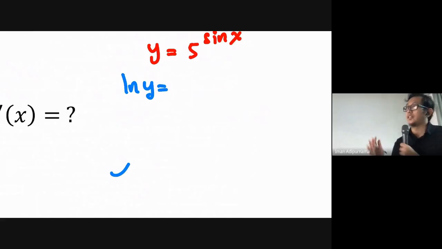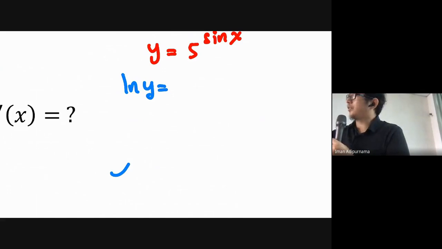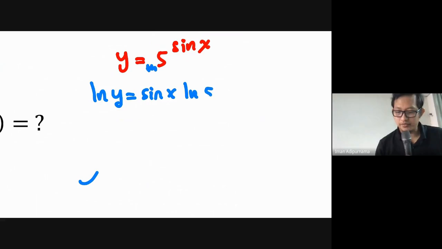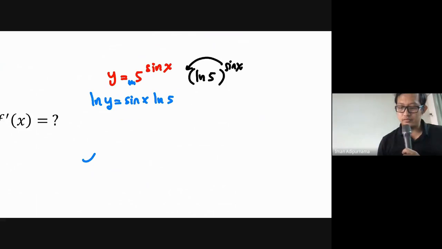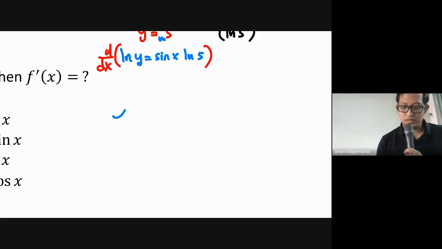Okay. So you want to take ln because you want to move the power to the front. So if I have ln of 5 to the power sine x, I will have sine x ln 5. And we move it to the front. So from here, we can differentiate implicitly.